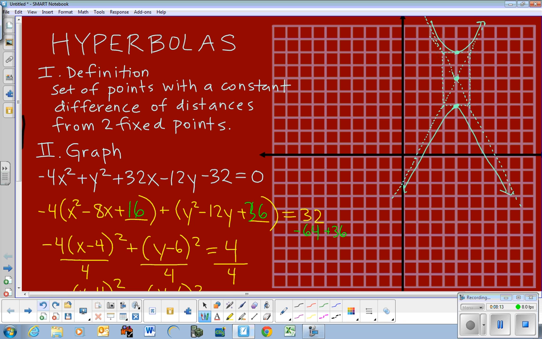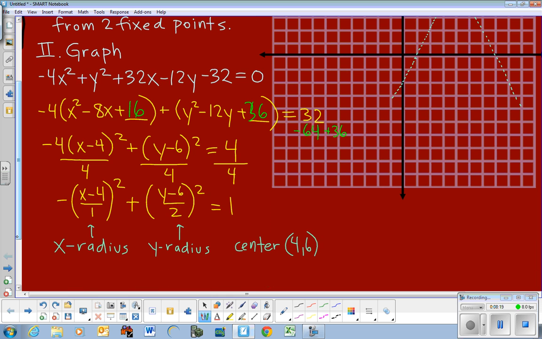The equation you got when you put it into this form for graphing is going to have one negative clump and one positive clump. I'm calling this the x clump, and it's negative. This is the y clump, and it's positive. And that will always happen because one of your x squared or your y squared was negative to start with. So whichever one of those clumps is positive, that's the direction that your hyperbola opens.